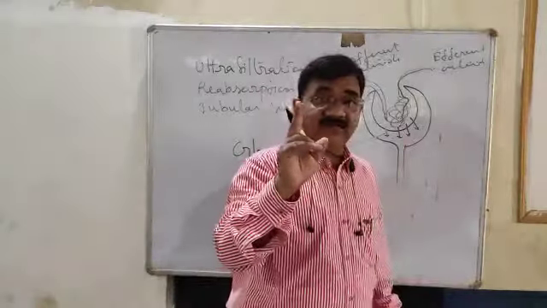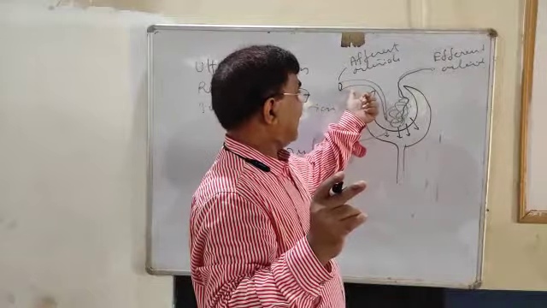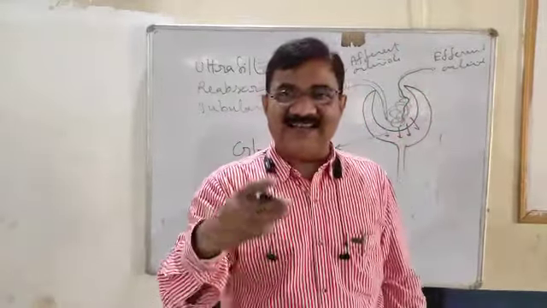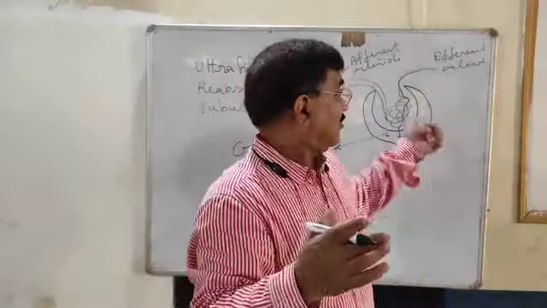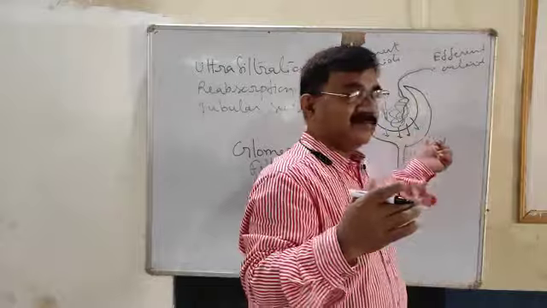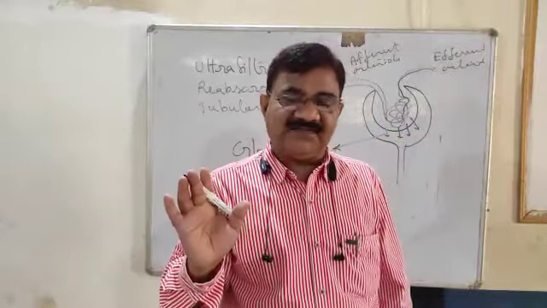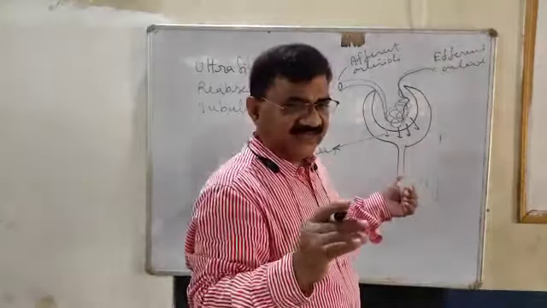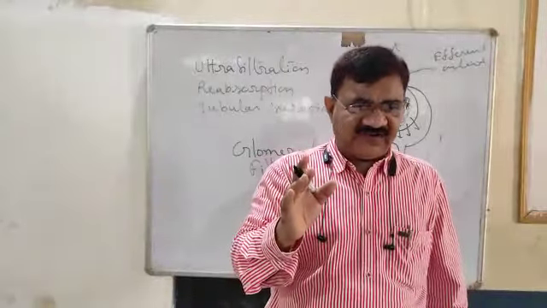Now one very important question: why is the afferent arteriole wider compared to the efferent arteriole? To create hydrostatic pressure, or high pressure, so that the liquid part of the blood may come out. That is clear. And the second step we were discussing is reabsorption.